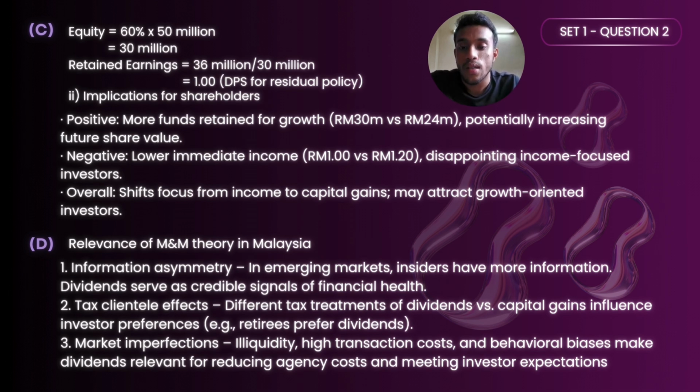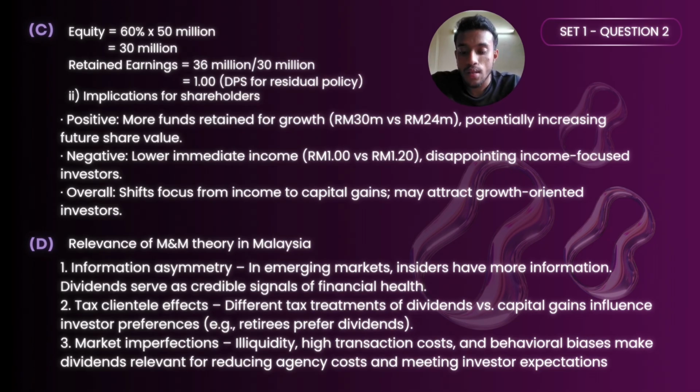The negative implication is that it lowers immediate income. Firstly, we'll get 1 ringgit and afterwards 1.2, so this disappoints income-focused investors. Overall, there is a shift in focus from income to capital gains. This may attract growth-oriented investors.